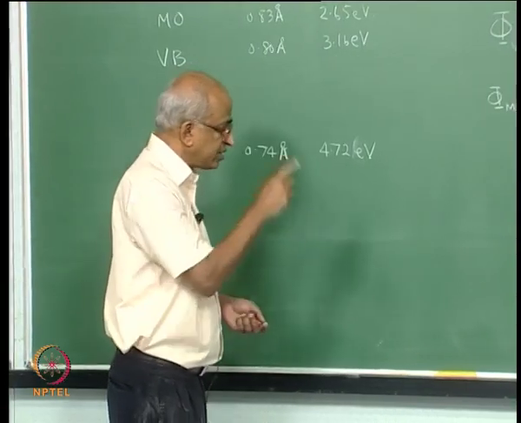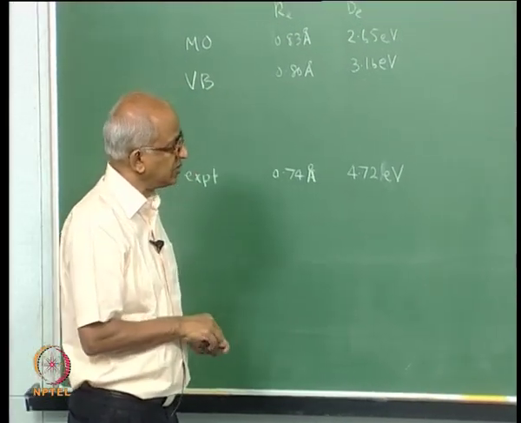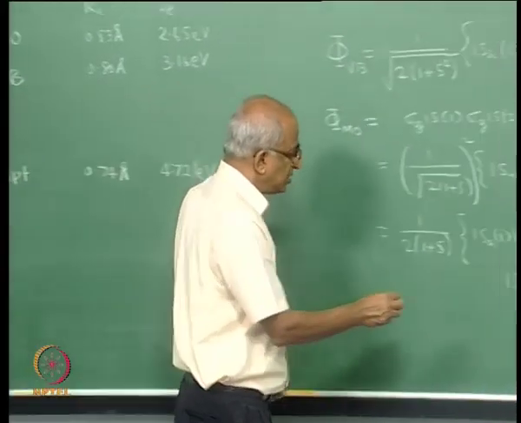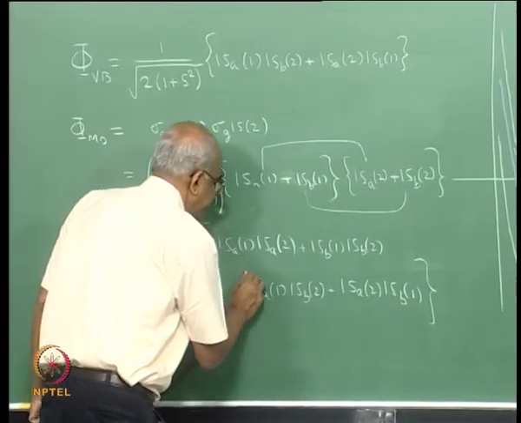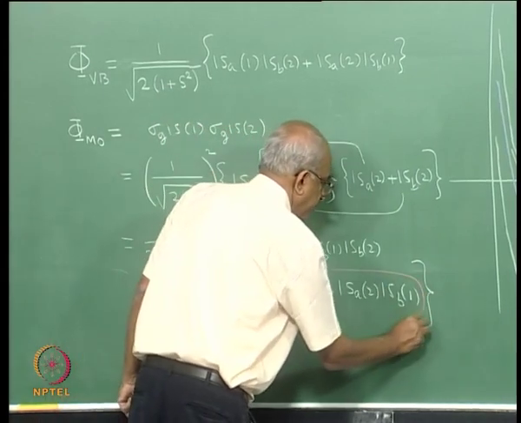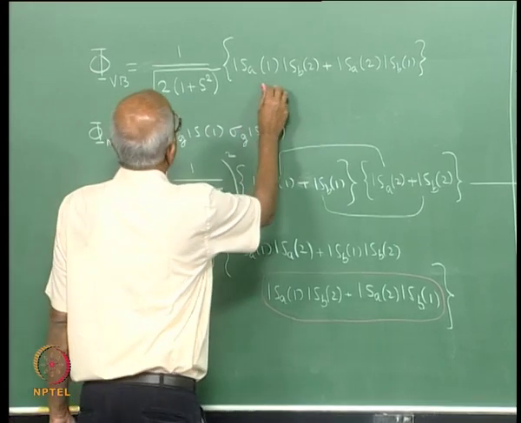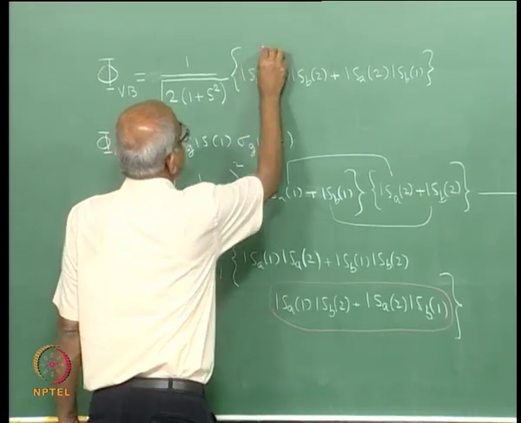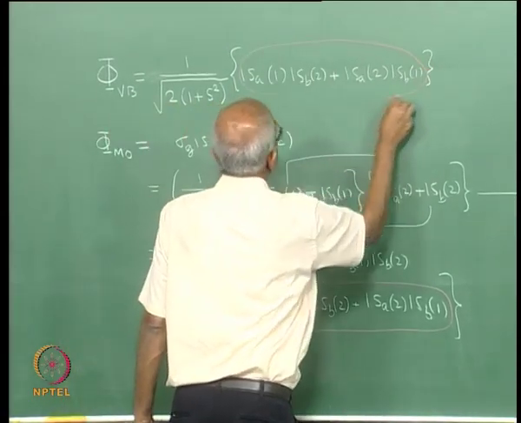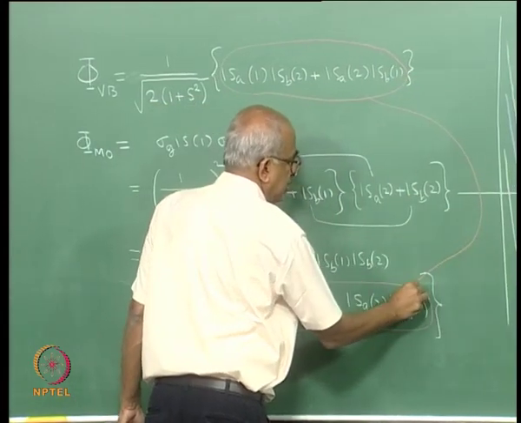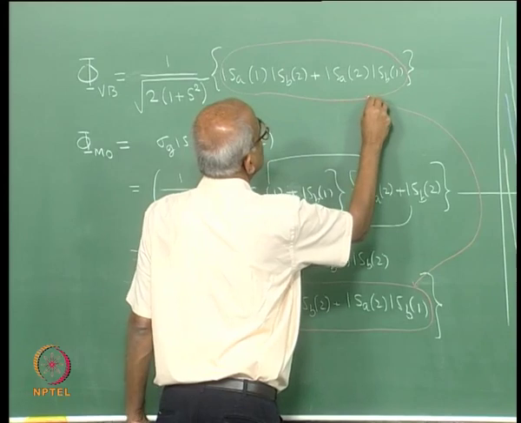But then if you look at this function, you will notice something very, very interesting. See, if you looked at this part of the function and compared it with the valence bond wave function, you will find that this and that are the same.